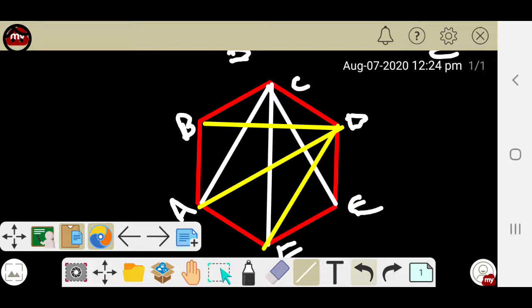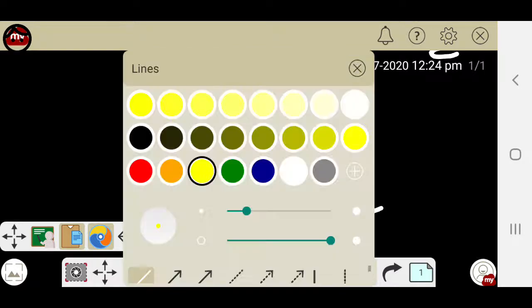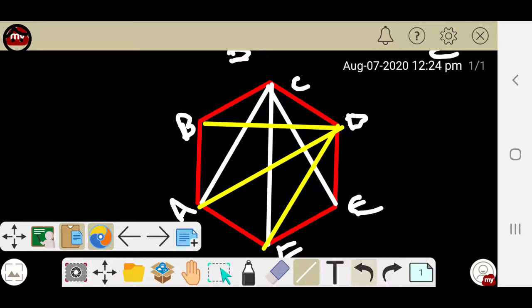Now 6. Then from E, 7, 8. 3 plus 3 is 6, plus 3.